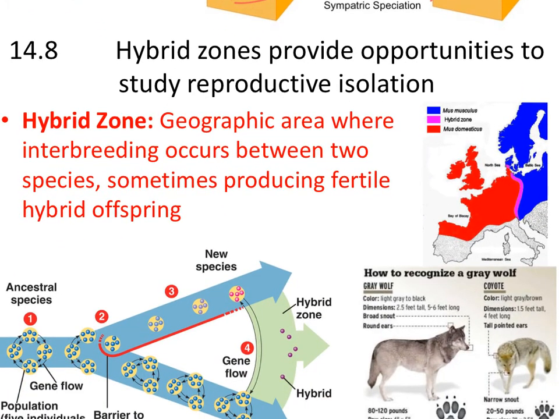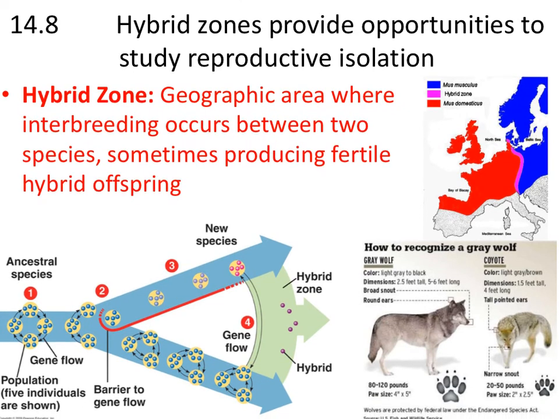Hybrid zones are the idea that sometimes the line between two species is not really black and white, and there are occasionally these areas where hybrid organisms can breed.